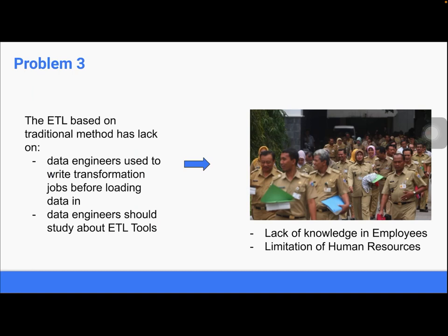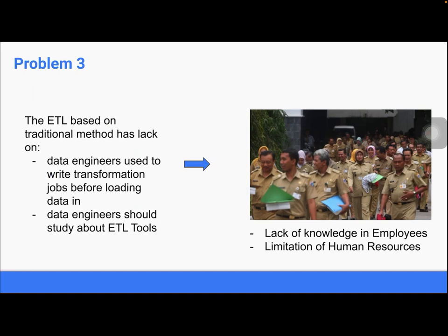The third problem comes because, as a data engineer, we should extract and transform, and after that we can load into the data warehouse. Actually that cannot be solved using just a query, so it needs ETL tools like Pentaho, something like that.